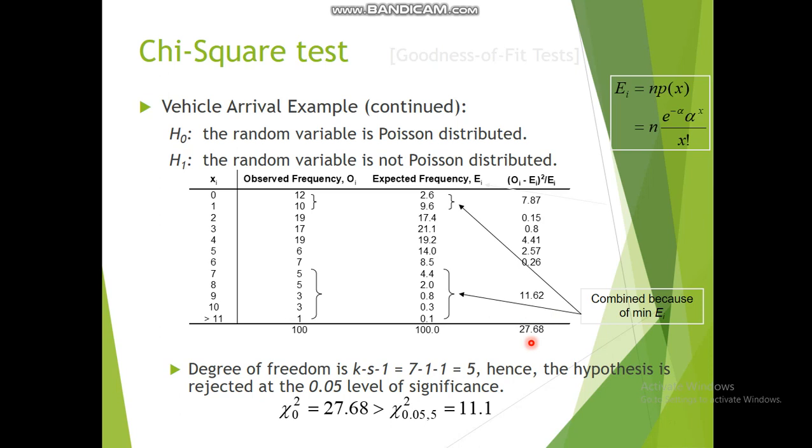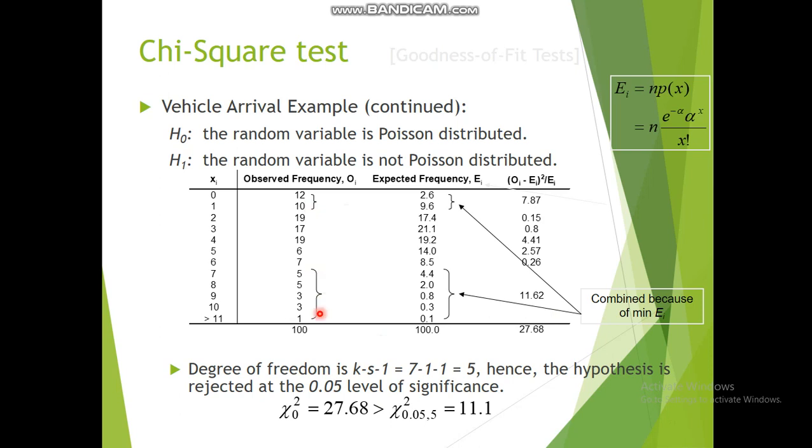Here the degrees of freedom is k minus s minus 1, where k is the number of cells. Counting 1, 2, 3, 4, 5, 6 and 7, the k value is 7.